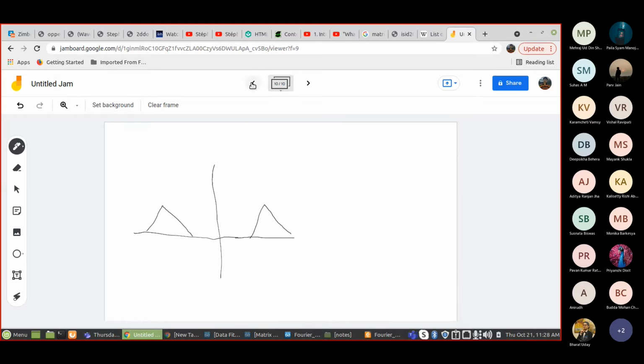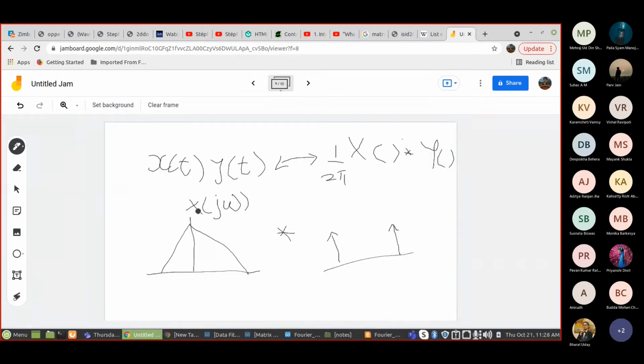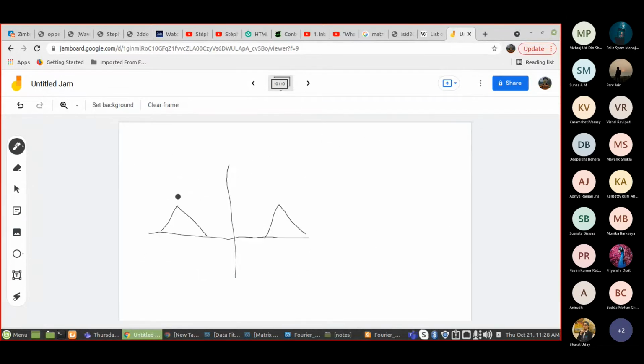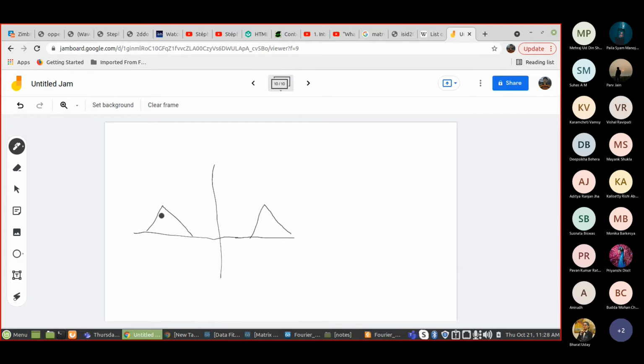Okay, so magnitude gets scaled by a half. So magnitude of this is scaled by half, and instead of this magnitude spectrum, after multiplying it with cosine, we get these two shifted spectrums.